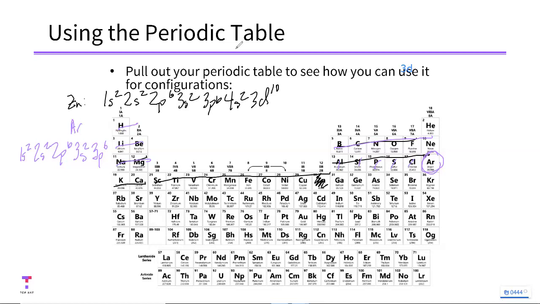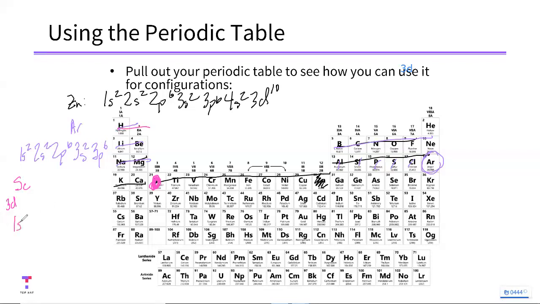The last of this group is scandium. We'll do this one in pink. Scandium is element number 21. It is a 3D, just like zinc is, but it ends obviously in a different spot. So again, we can just go through the whole thing.